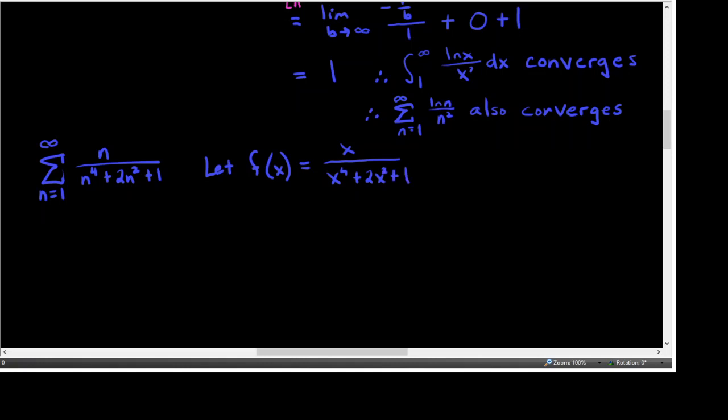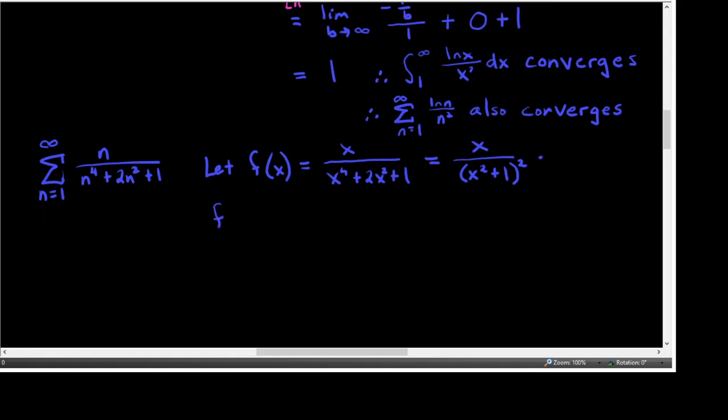Well, you might notice, and I kind of hope you do, because it really helps in this problem, that that denominator factors to be x squared plus 1, squared, which is really going to make this problem go. So that's what we're going to let f of x equal.